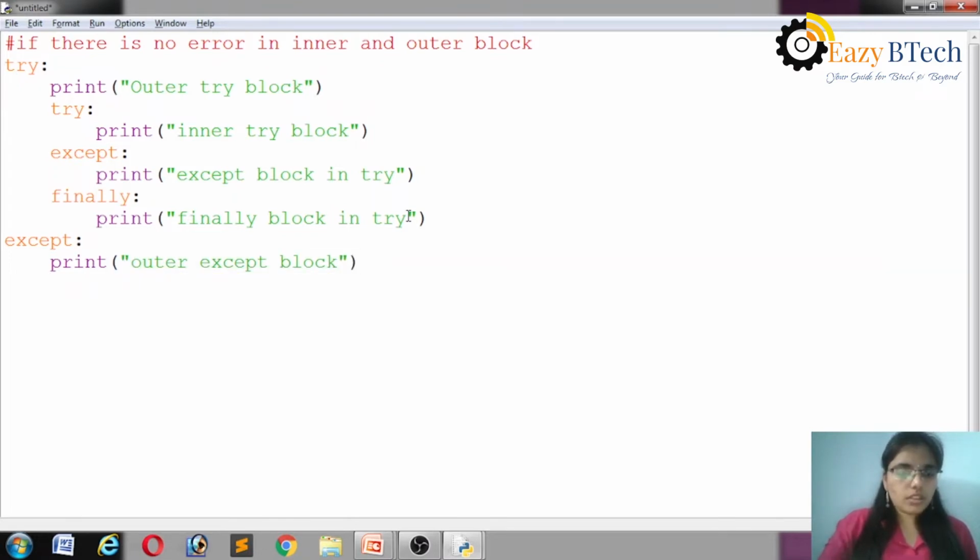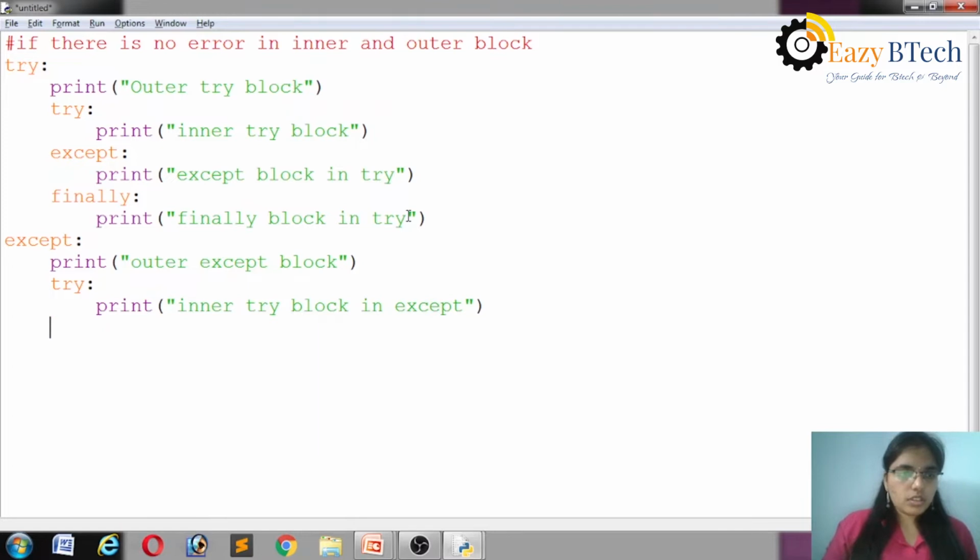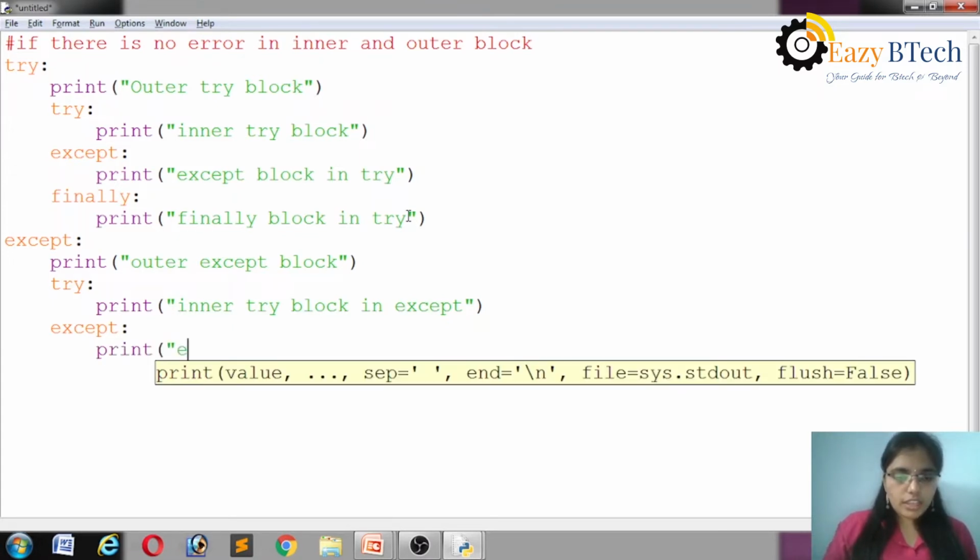Okay. Try, print inner try block in except block. Next, I am writing an except block. In the except block, this time I am writing print except block in except.